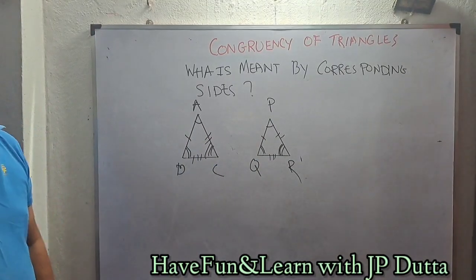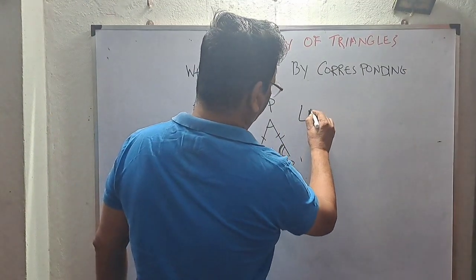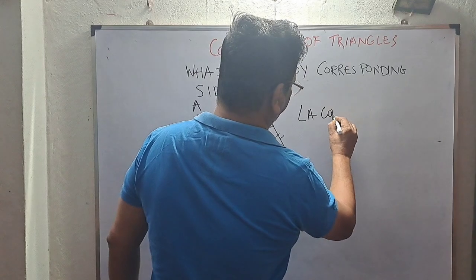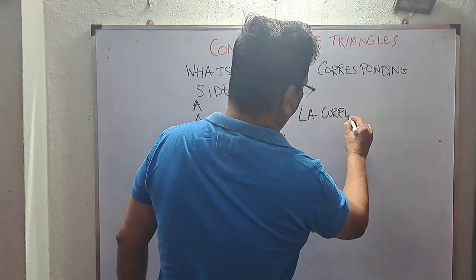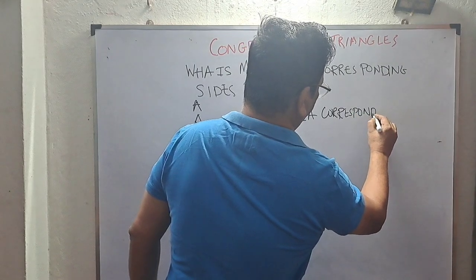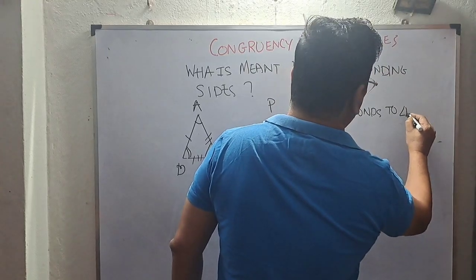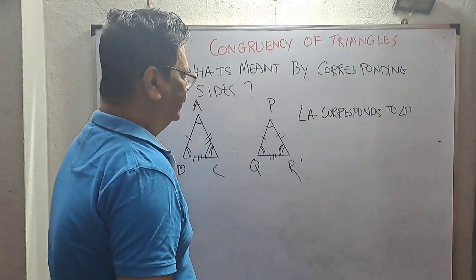Let us come to corresponding angles. In this figure, angle A corresponds to angle P. Understood?